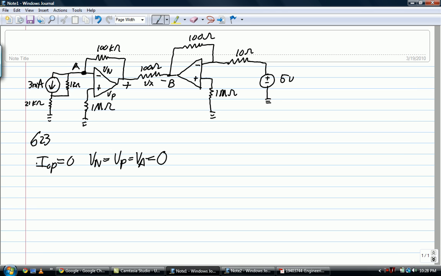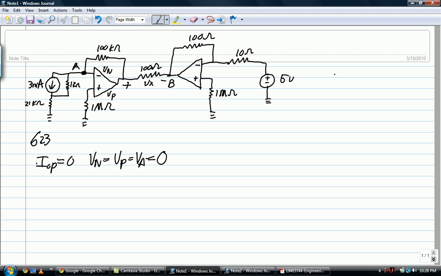However, we run into one problem with our nodal voltage at A because we have a current source here instead of a voltage source. So why don't we, using source transformation, convert that into a voltage source? As you can see, the problem is perfectly set up for that. So let's do that over in this corner right here.